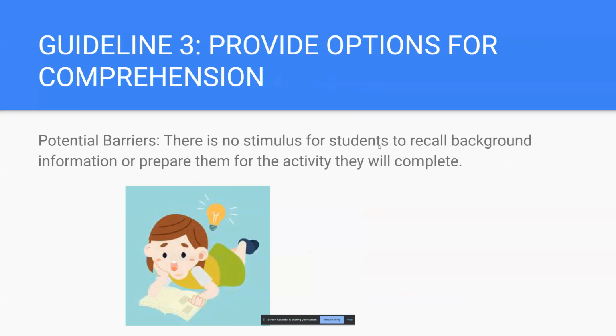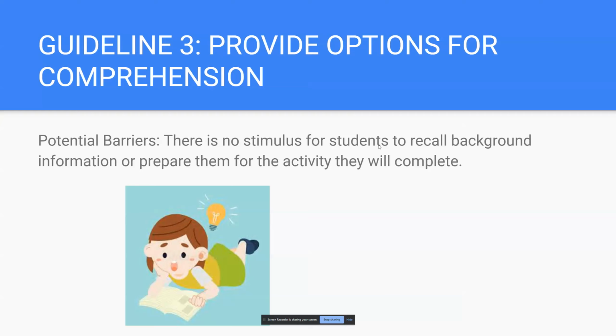Guideline number 3, providing options for comprehension. The barrier I saw here was there's no stimulus for students to recall background information or prepare them for the activity they will complete.